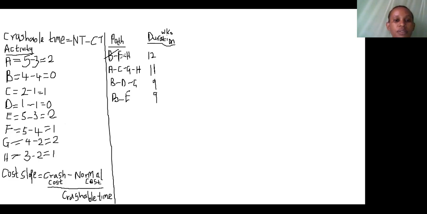So if we were to reduce activity F by 1 week, what would be the impact on the overall duration of the project, which is currently standing at 12 weeks? We'll see that it will go down by 1 week, and that would mean the project duration would now be 11.